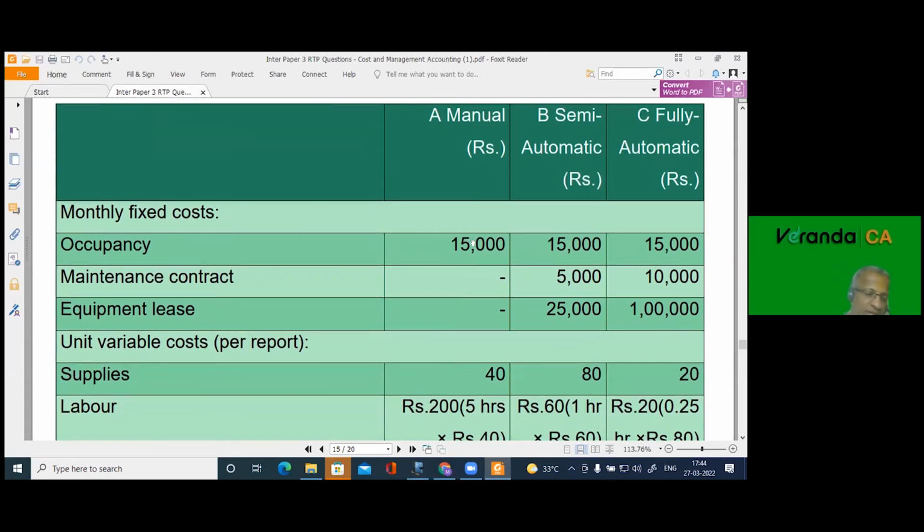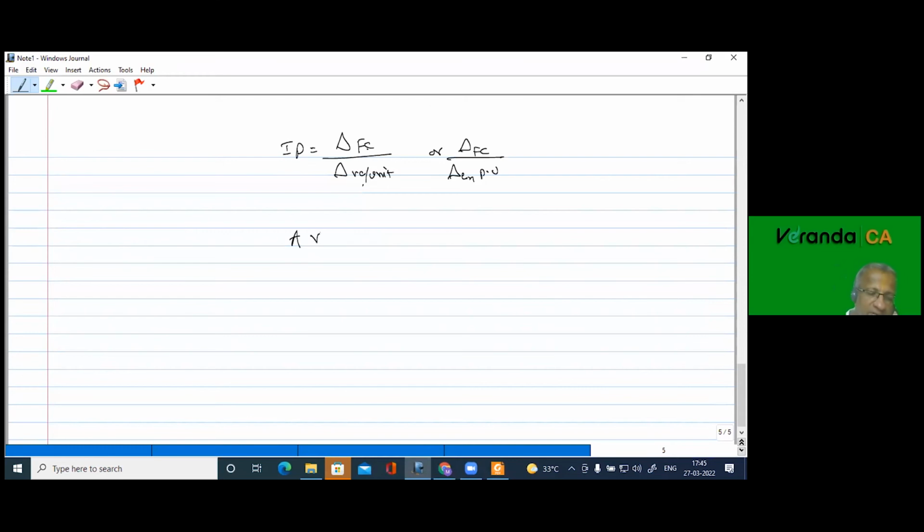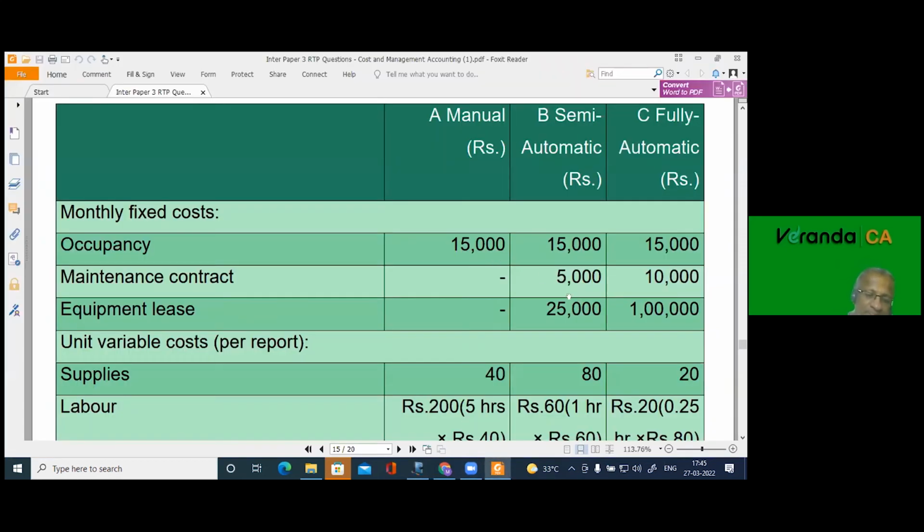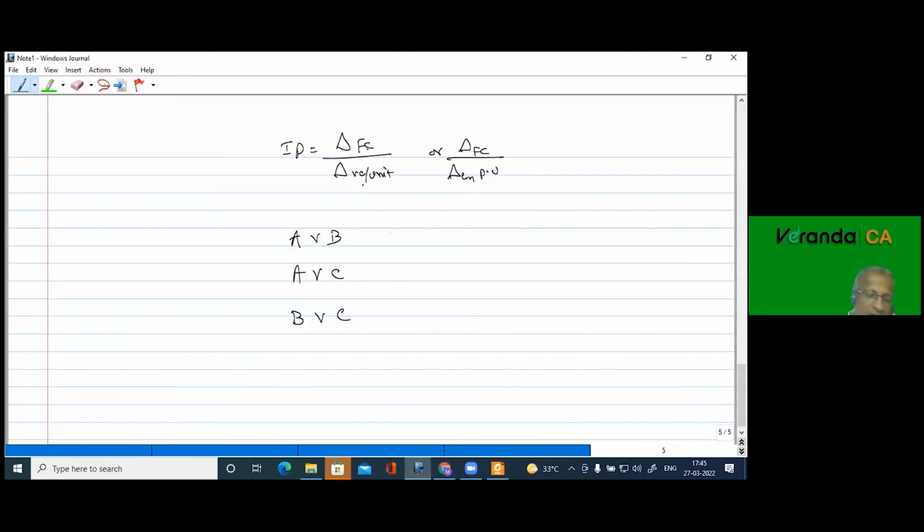You have 15,000 as the fixed cost in this case, 45,000 in this case, and 1,25,000 in this case. A comparison you can always make is A versus B, A versus C, B versus C. You can do 3 such comparisons. So this is 45, this is 15, so it is 45 minus 15.